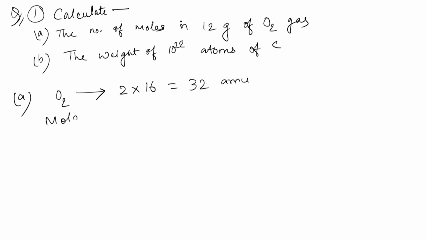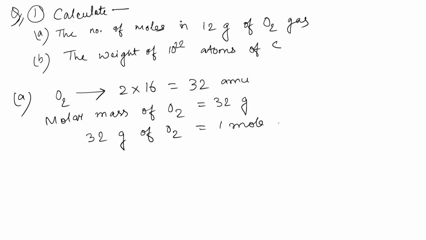So, molar mass of oxygen is 32 grams. Okay. So, 32 grams of oxygen is equal to 1 mole of oxygen.